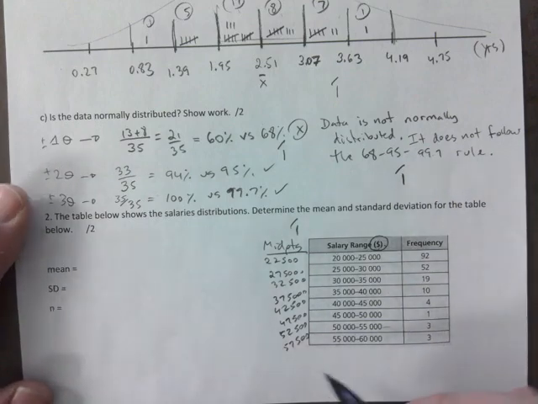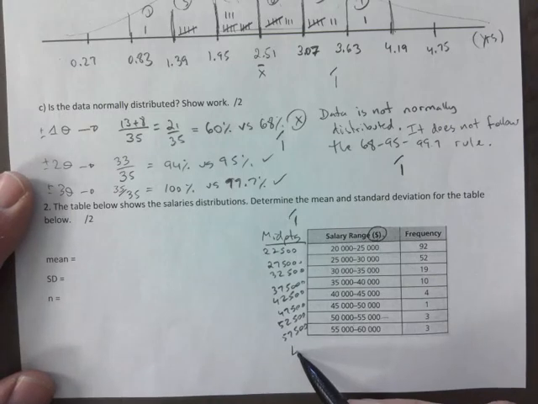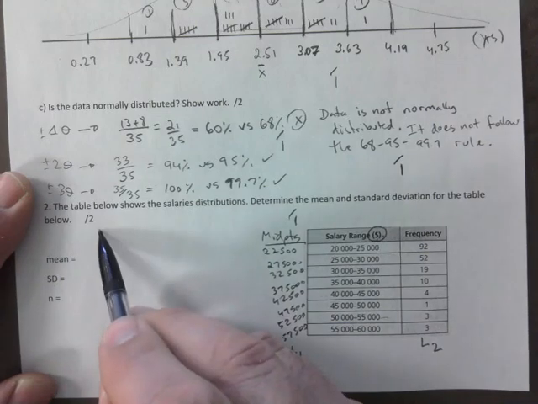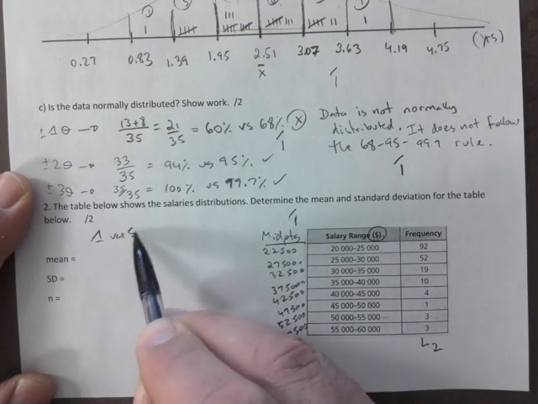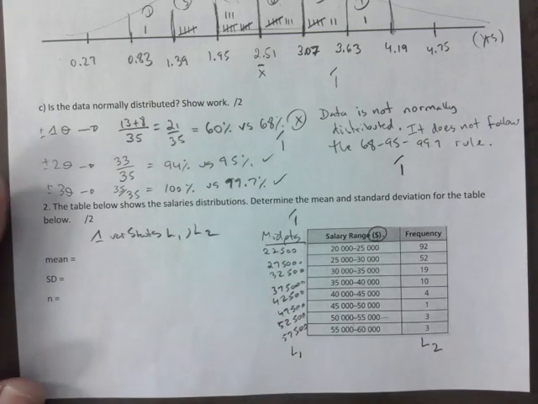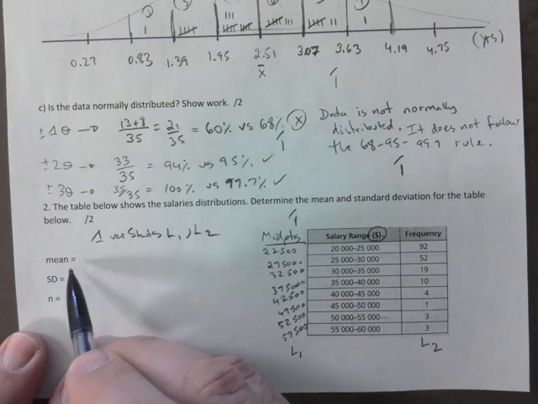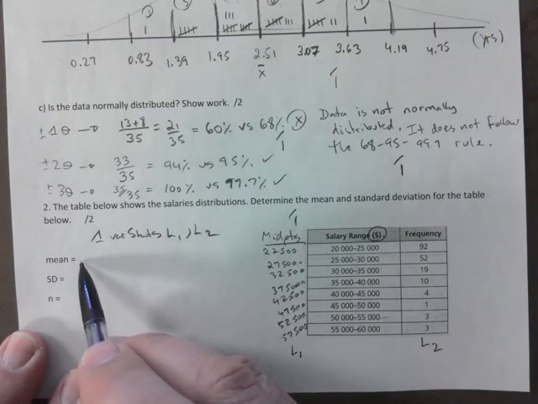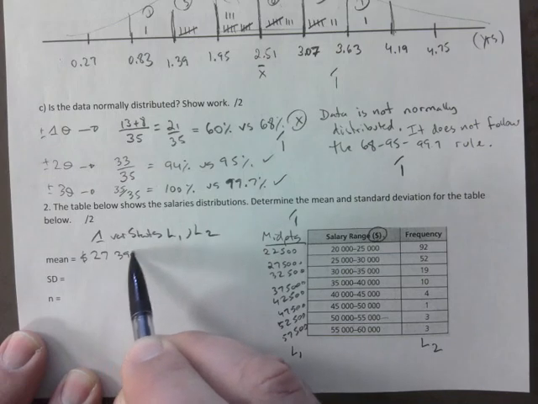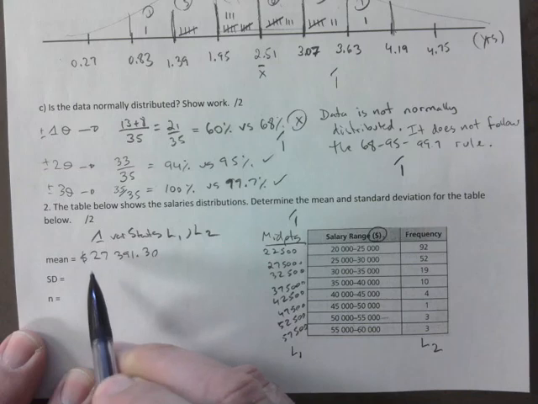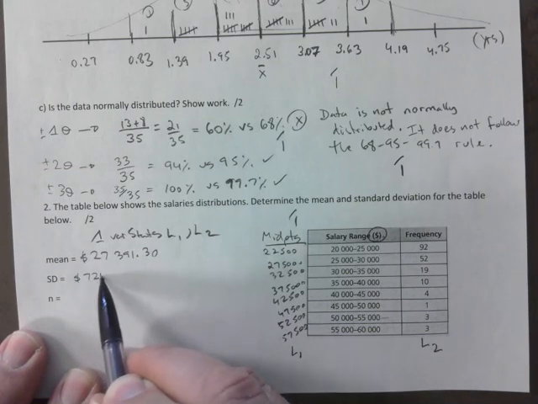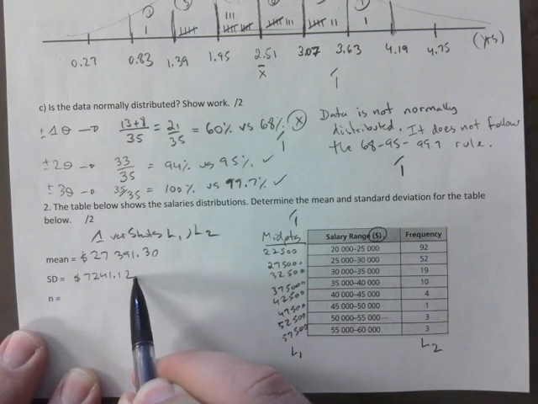And then to find the mean, standard deviation, and so forth, we need to have this into L1 and this in L2. So this will be a 1 variable stats, L1, comma, L2. And to find the mean, you get 27,391.30. That's the average income. Standard deviation is 7241.12.